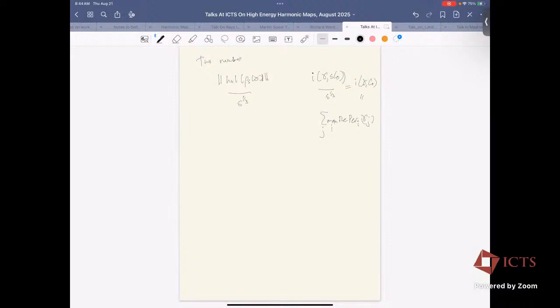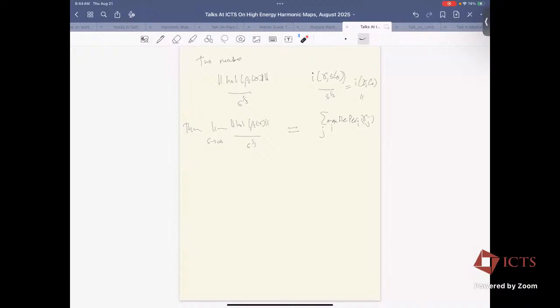I have these two numbers, and the theorem is that if I take the limit of the holonomy of rho S of gamma, properly normalized, as S goes to infinity, I'm looking at asymptotics, what do I get? I get that the asymptotic holonomy is exactly predicted by this intersection number, or if you like, this sum of maximums of periods.